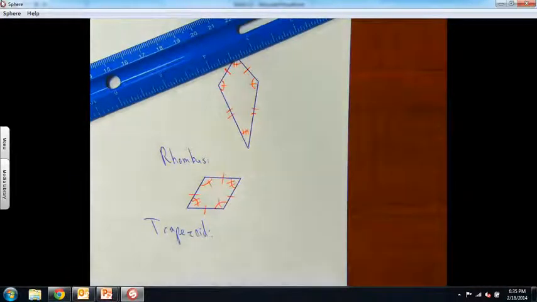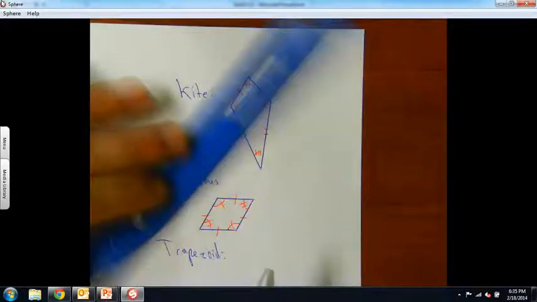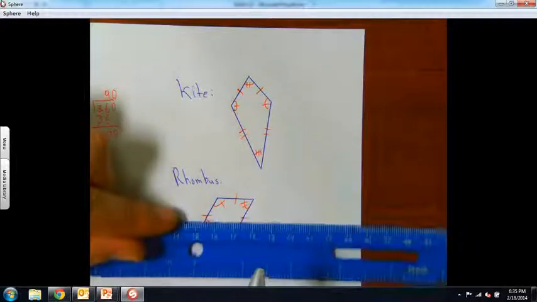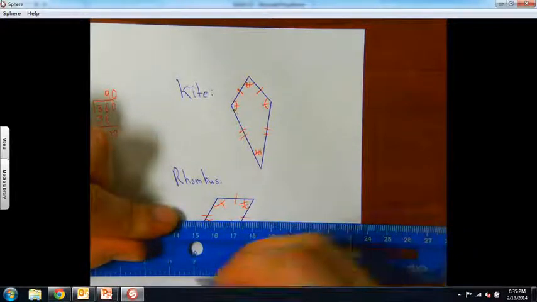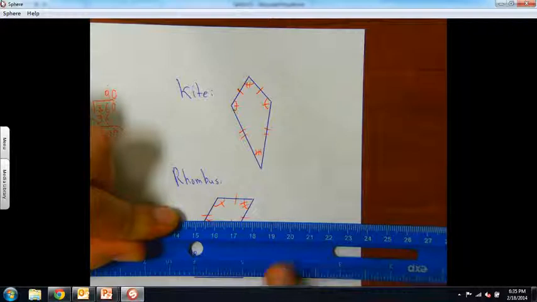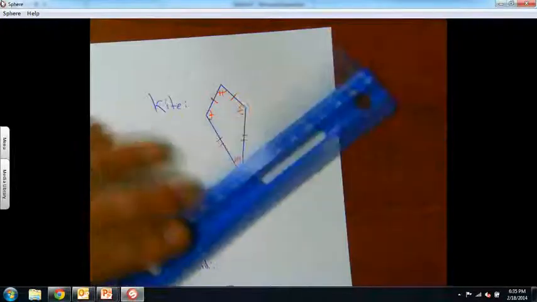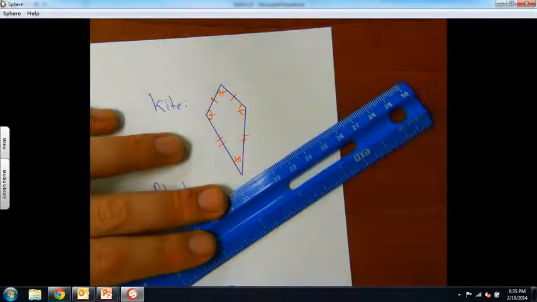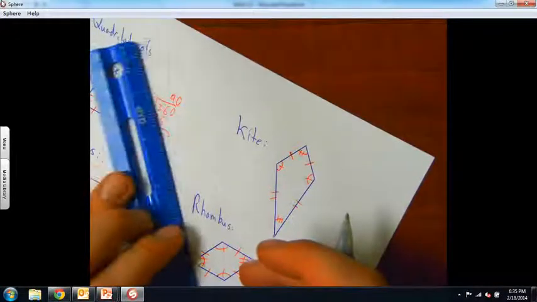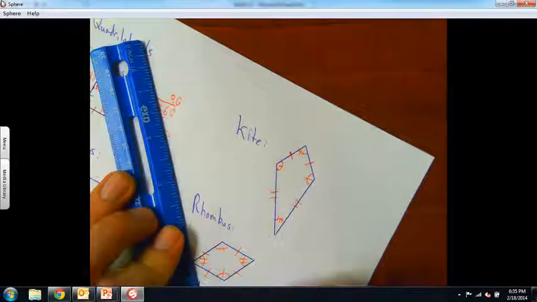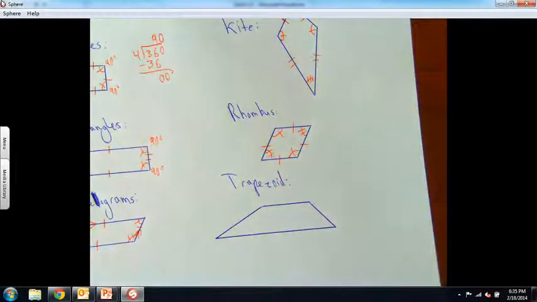Last up, trapezoid. Trapezoid has a pair of parallel sides, one on top of the other, or side by side, depending on how you're drawing it. So we started with parallel sides.